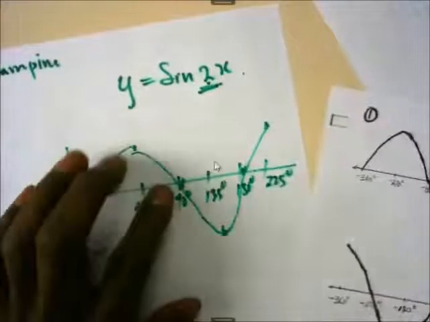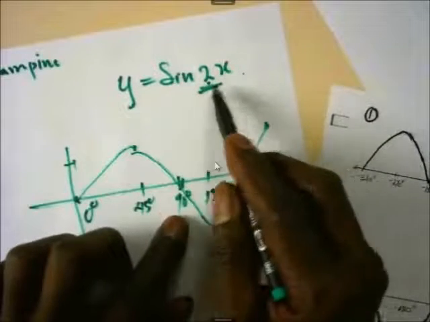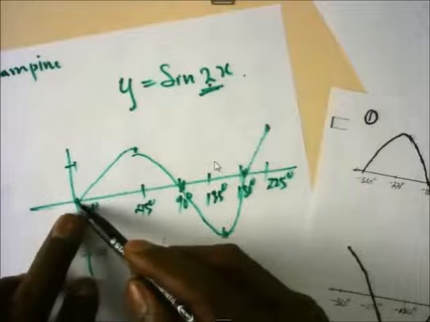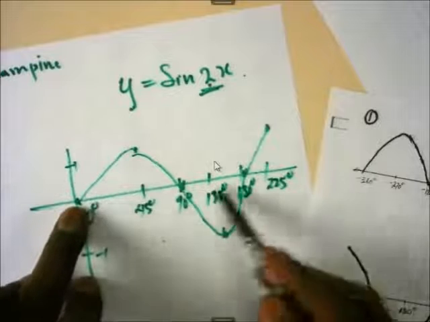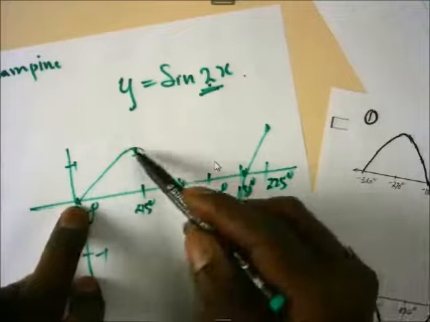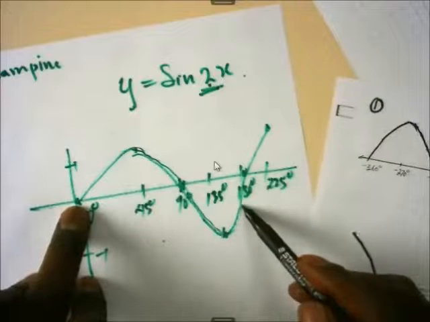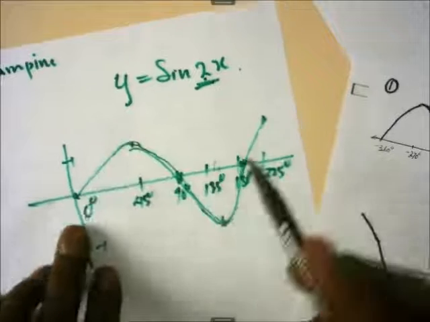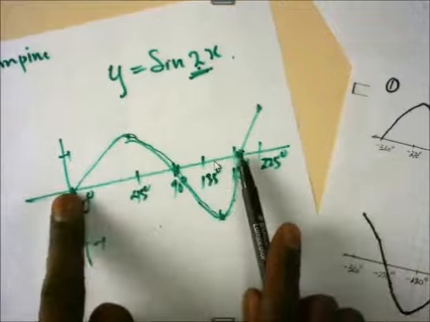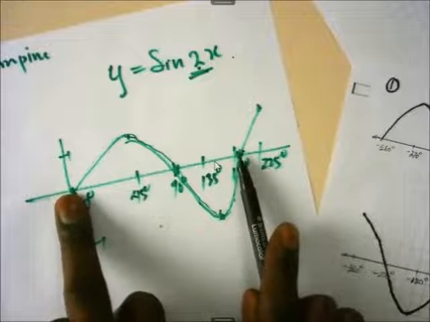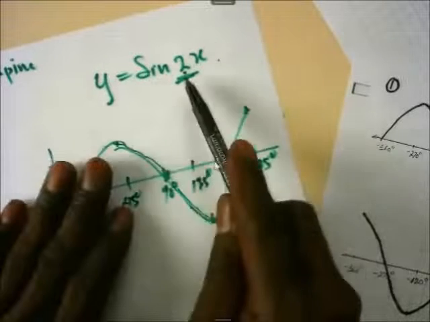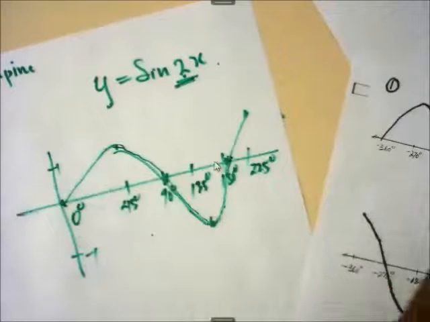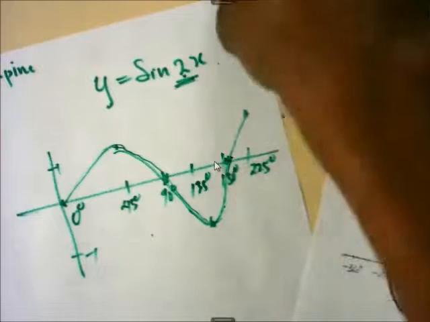But this one, the newborn, sine 2x, has a period of 180 degrees. Indeed, this 2 has changed the period of the mother function and made it 180 degrees. Thank you. A very nice question, Rampine.